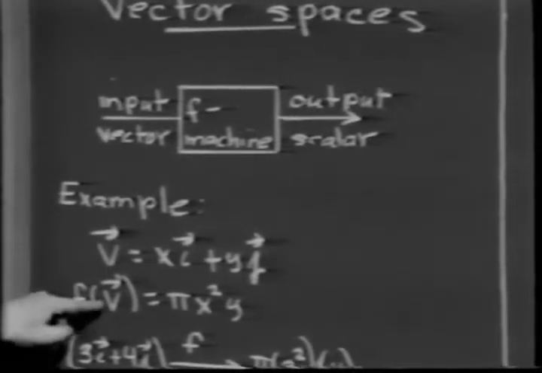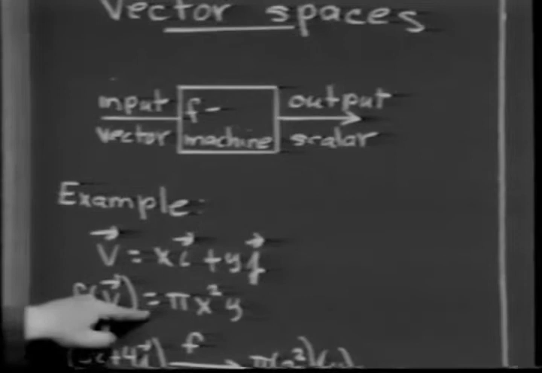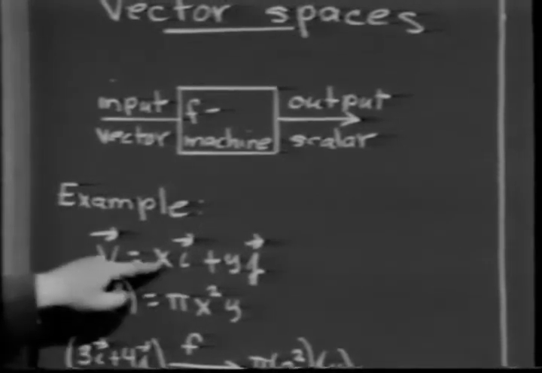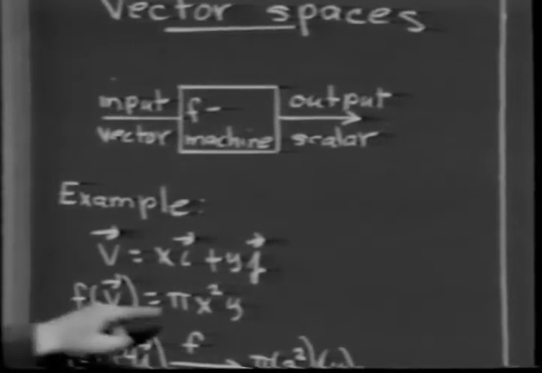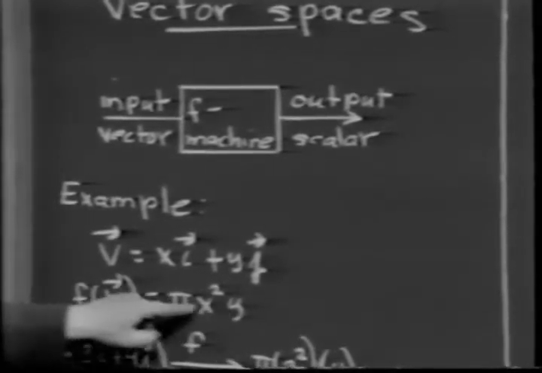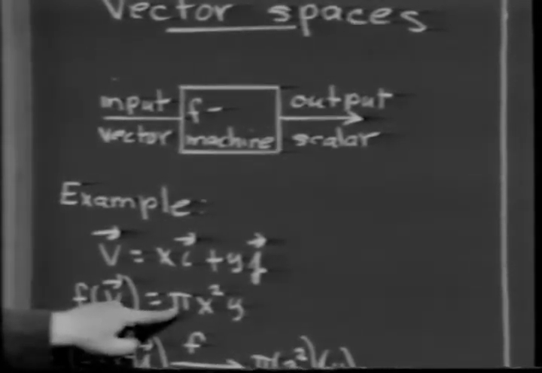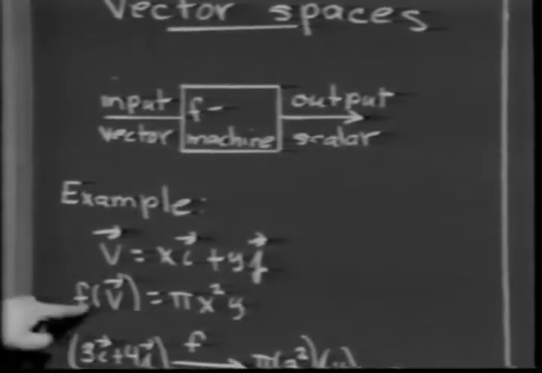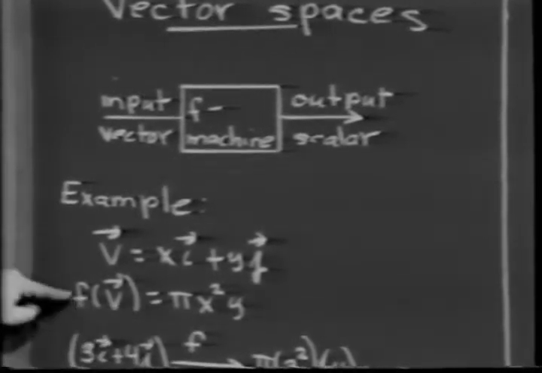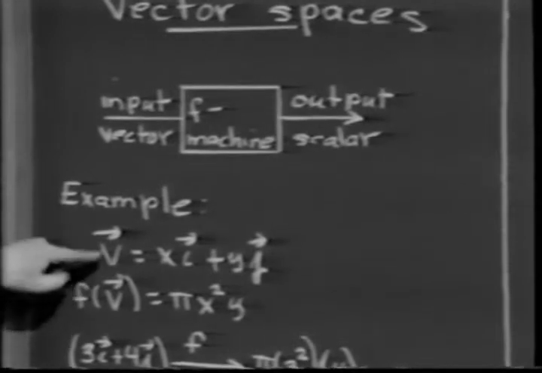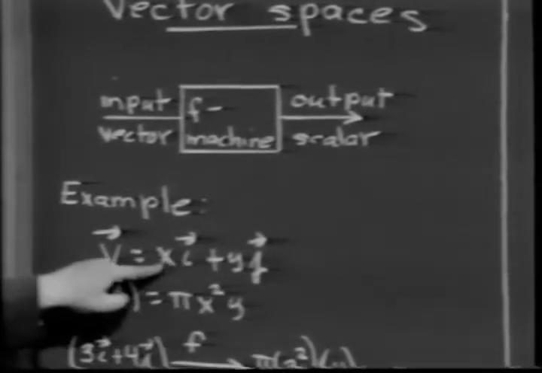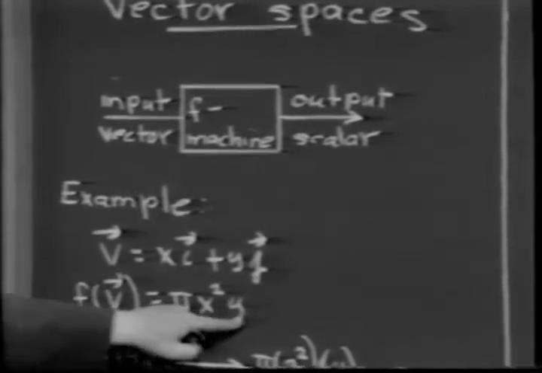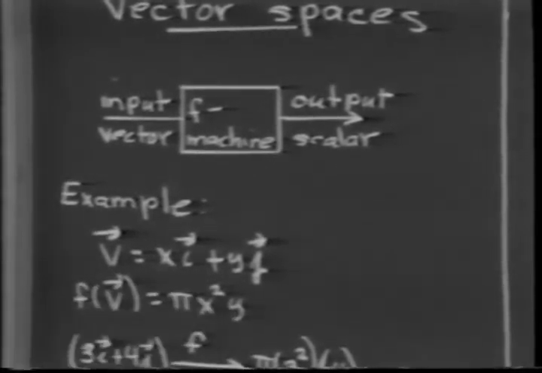Let me define f of V to be pi times the square of the i component times the j component. Let's not worry right now about why I picked this particular recipe. Let's simply observe that once this recipe is chosen, f is a function which maps a two-dimensional vector in i and j components into a number, pi x squared y.